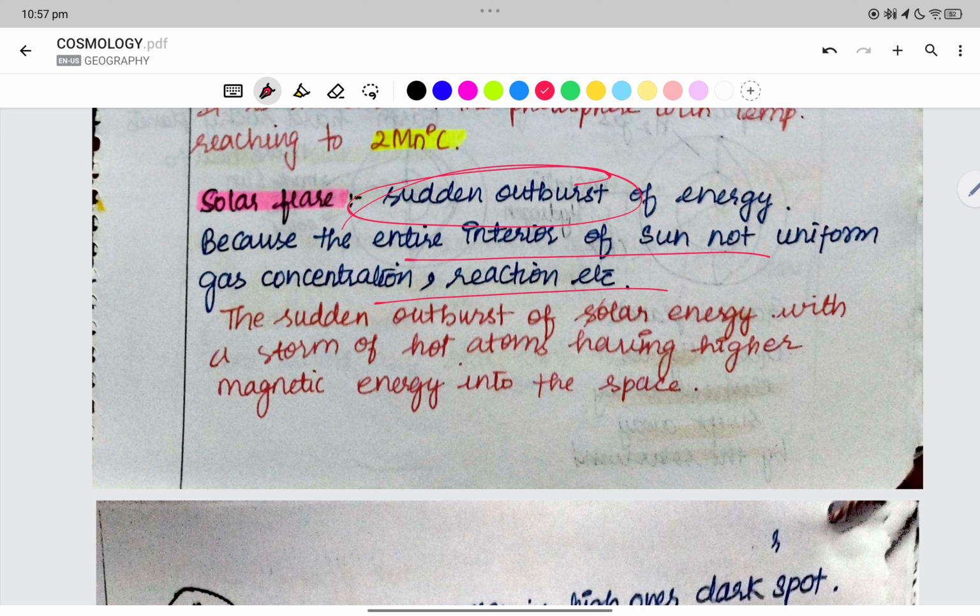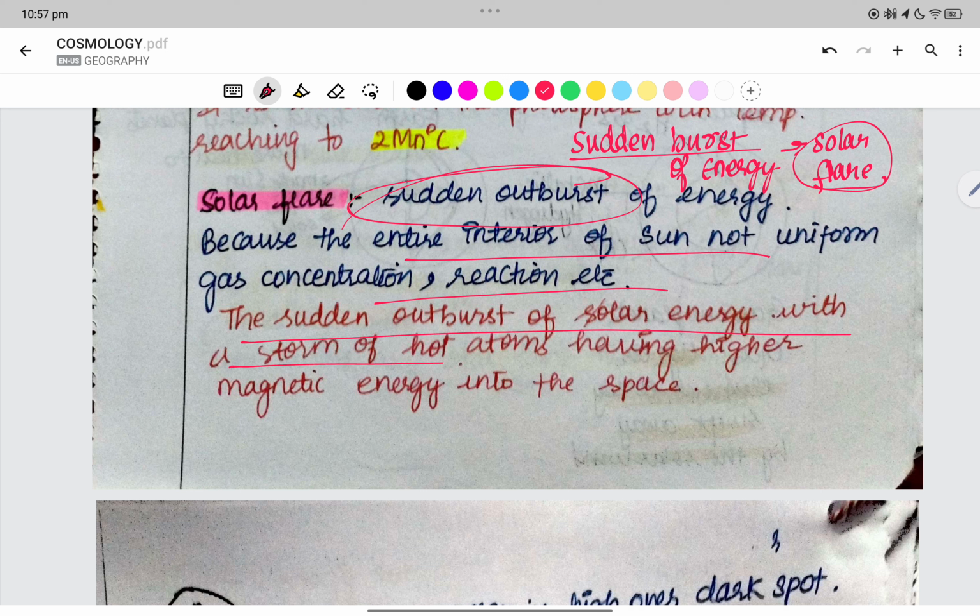Therefore we have a sudden burst of energy, which we call the solar flare. It is a sudden outburst with a storm of hot atoms having higher magnetic energy into space.